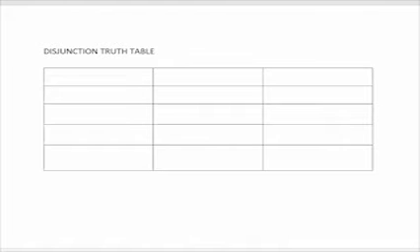Now here is the table, and never forget that the last time we said if we are dealing with two simple statements, you need to just do 2 raised to n. So if you have just two simple statements, you just do 2 raised to 2, which is 4. This will tell you how many outcomes you're looking at.